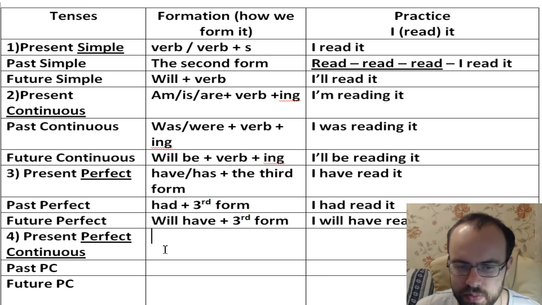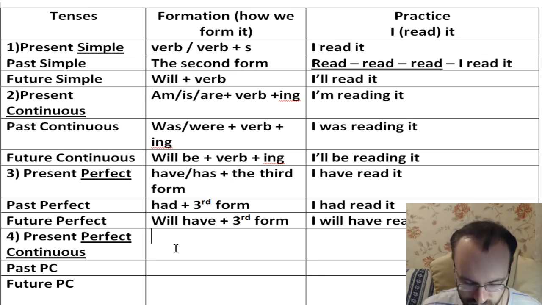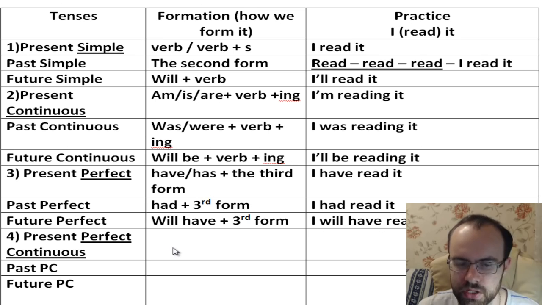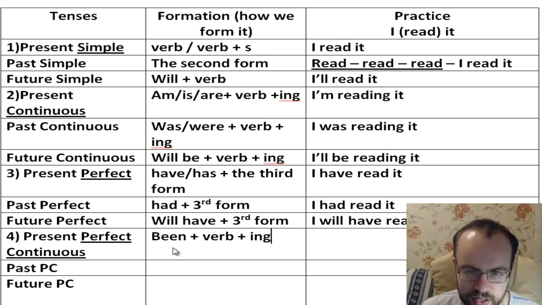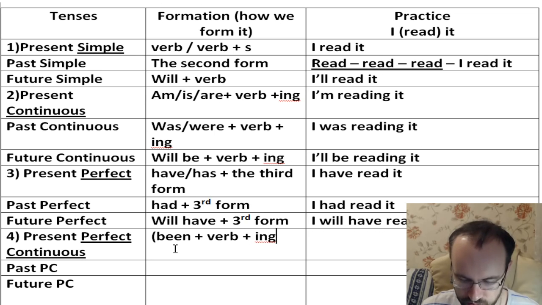Okay, so present perfect continuous. It's have or has. And you need to remember that in this group, perfect continuous, it's always been plus verb plus ing. So let's put it in brackets: been plus verb plus ing.